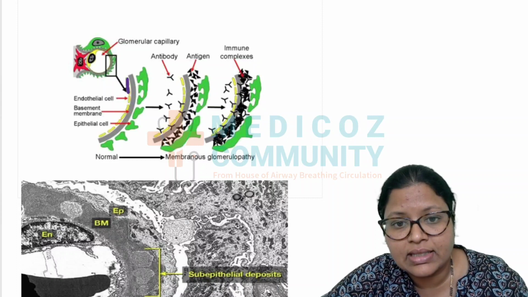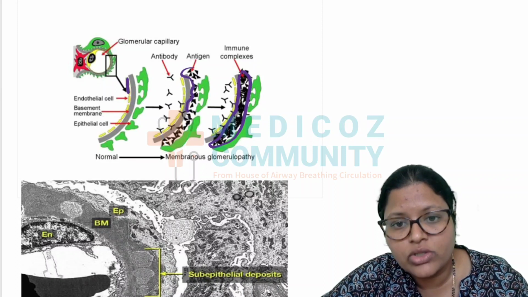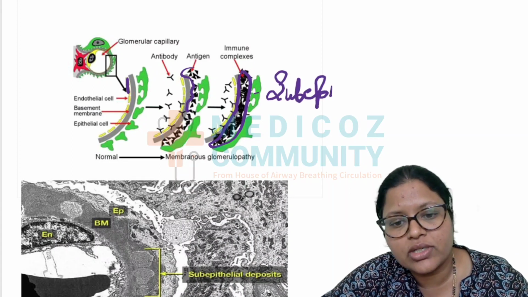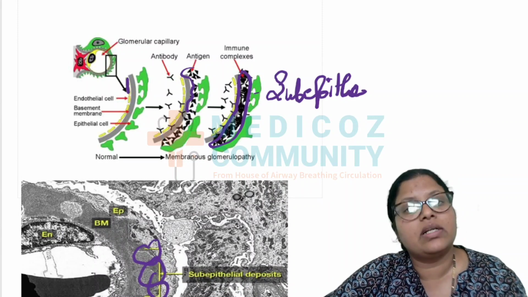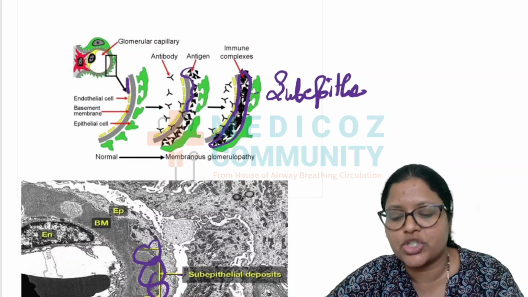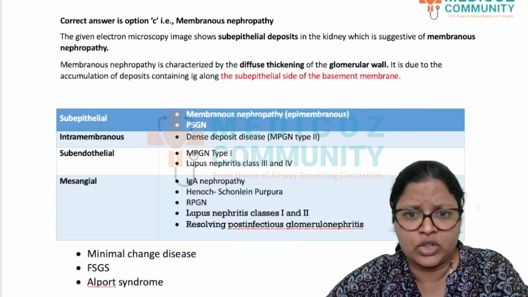So where are these antigen antibodies going and getting deposited? It's getting deposited below the epithelium. So they are subepithelial deposits, okay, subepithelial deposits. See the same thing they've marked over here, subepithelial deposits. Okay, so the answer is clear, subepithelial deposits seen only in two conditions, and here the answer was membranous glomerulopathy, nephropathy.